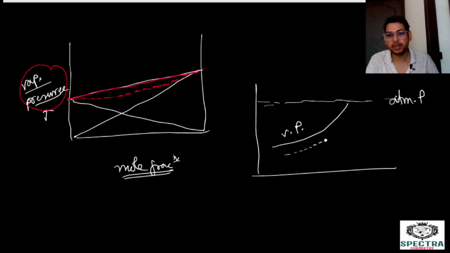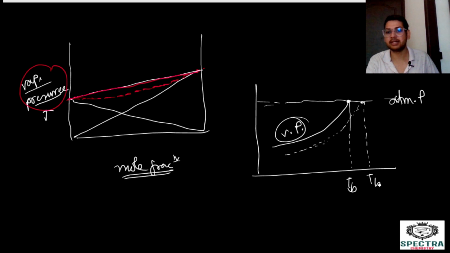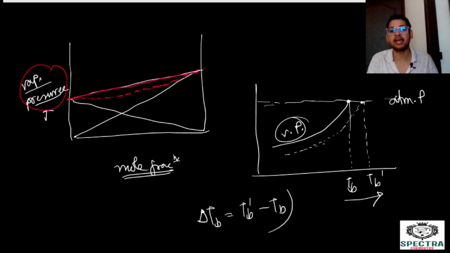Now vapor pressure is like this, and previously this vapor pressure was matching the atmospheric pressure at this temperature. Now as it decreased, it is matching your atmospheric pressure at this temperature, and you see this value already increased, and that is called del TB equal to TB dash minus TB.